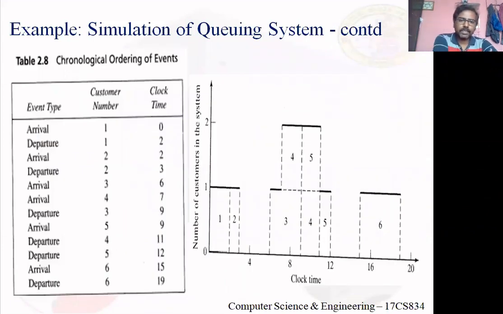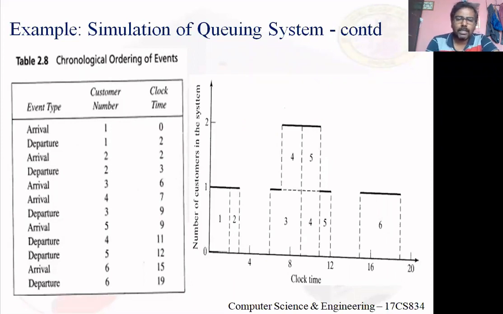See here, now the x-axis shows time, right? So the x-axis represents time, the y-axis represents number of customers. From time 0 to 2, what happened at time 0? One customer arrives. So on the y-axis I will highlight that point 1, and till time 2 there was one customer. Who was that customer? Customer 1.